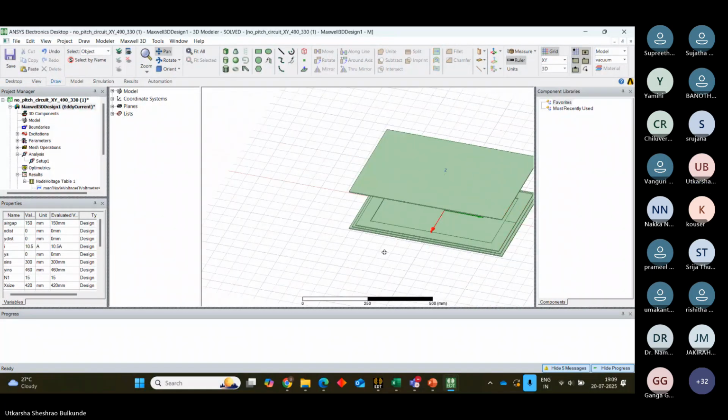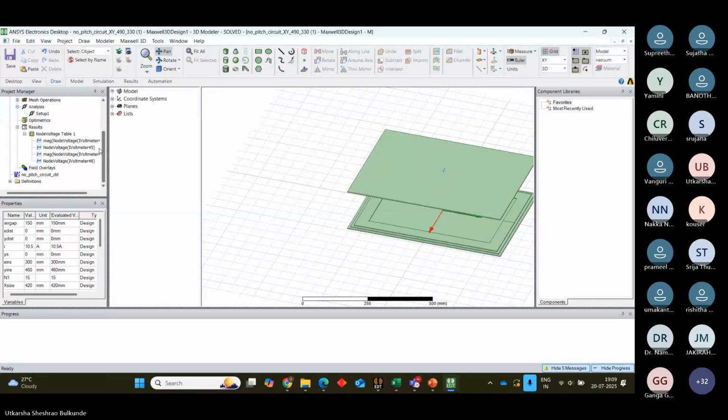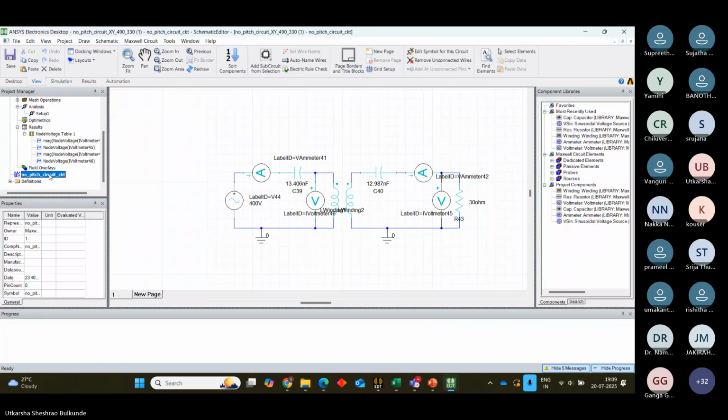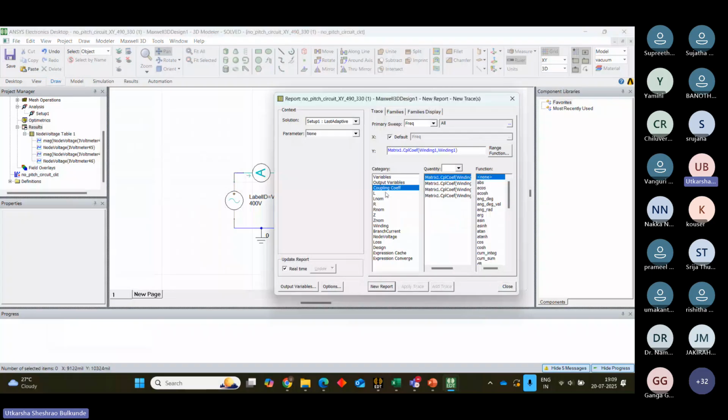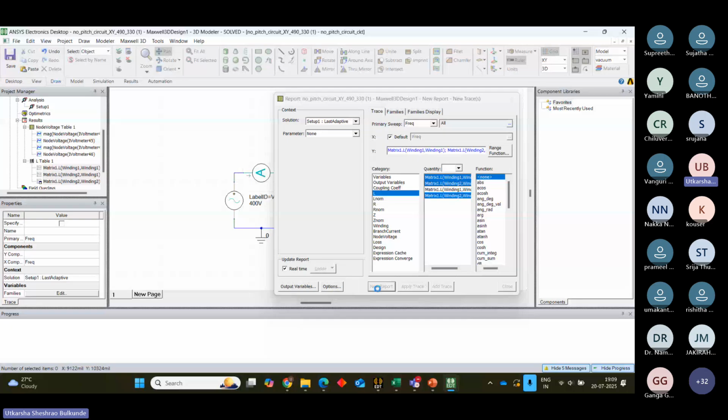Okay. So this is the circuit, the same circuit that we have drawn. We will just check its inductance and mutual inductance.